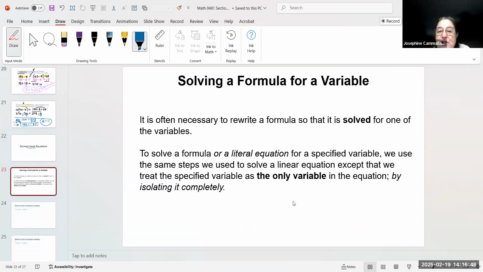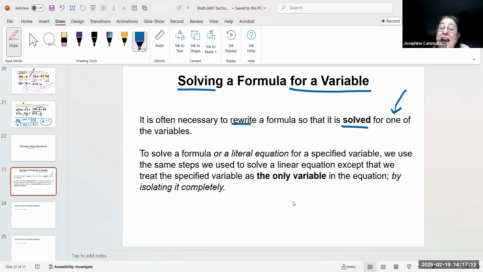And as you see, the difference with this, when you're solving for a variable, not a number, a variable, you're going to need to rewrite the formula or the equation, and you're going to be solving it for one of the variables.